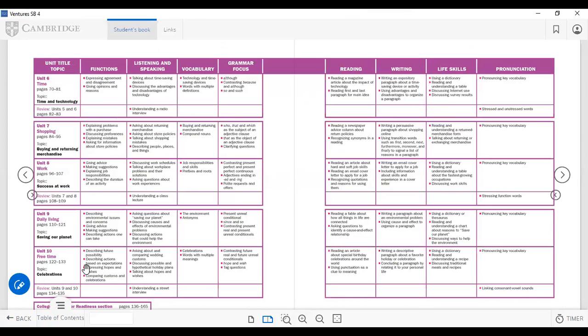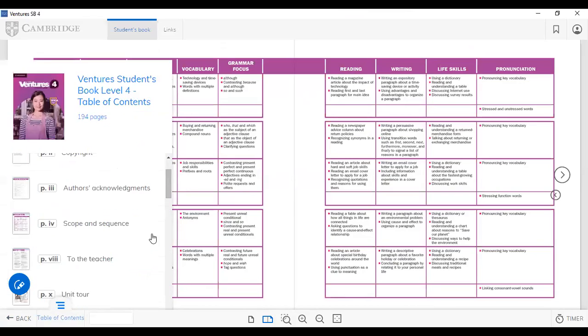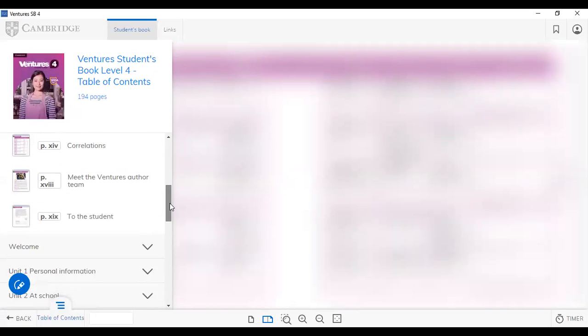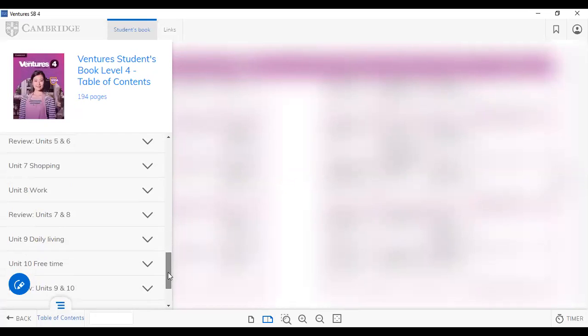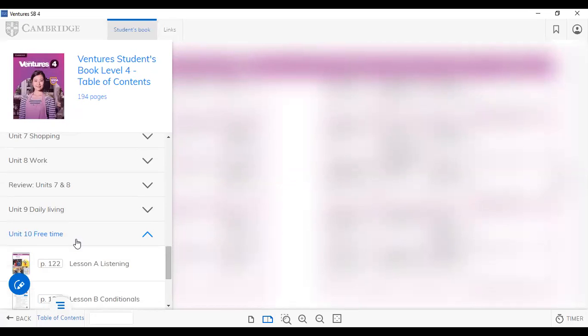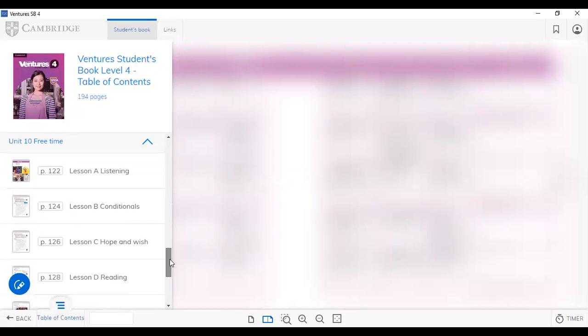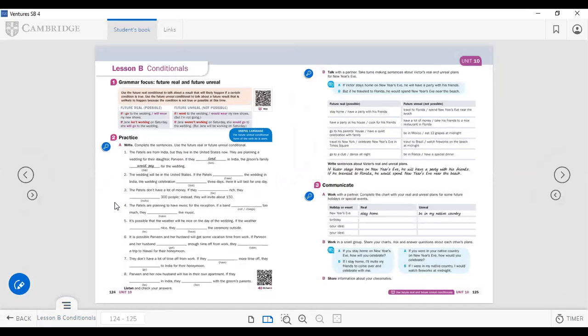And then I found that in Unit 10, they talk about conditionals. So I decided to pick and work on that one. So I will go to Unit 10. And Unit 10, Lesson B, it is the conditionals.